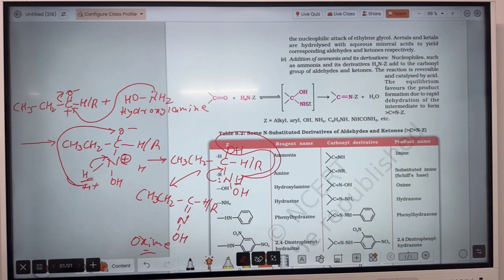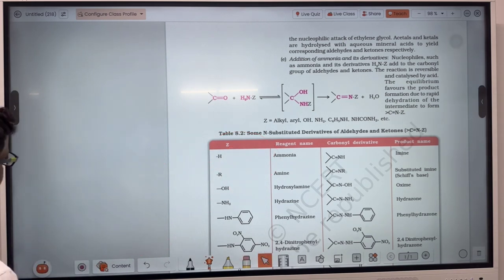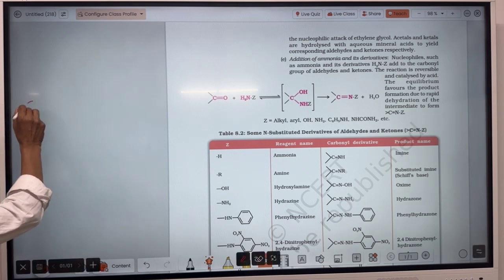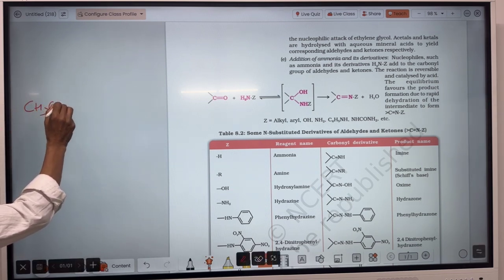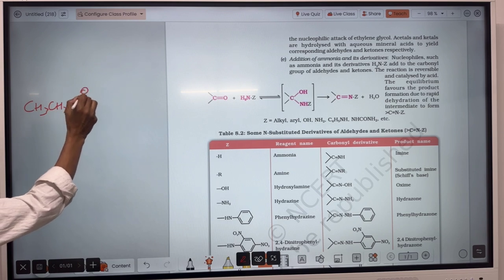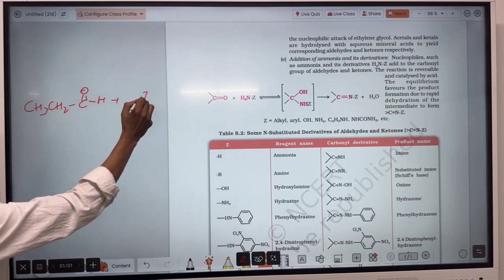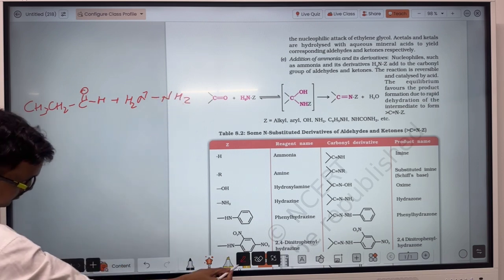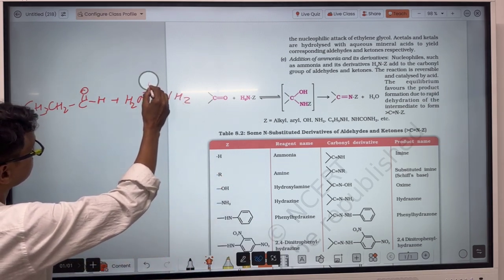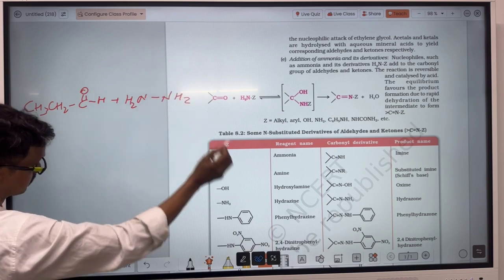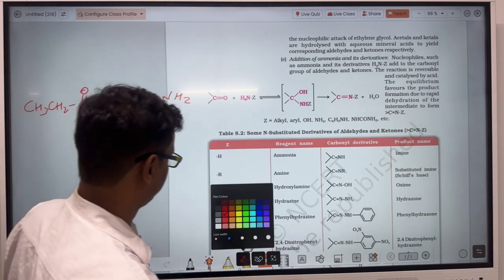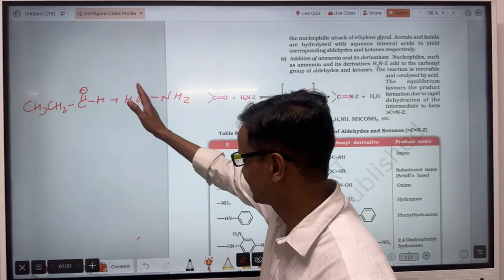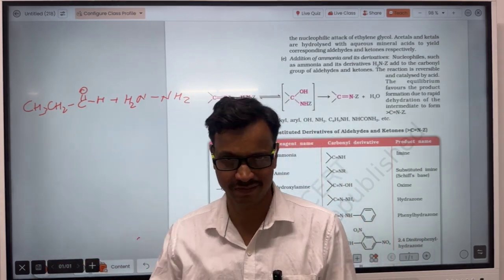Okay. Now let's see the reaction with hydrazine. Guys, what happens? A number of students watch the reactions I am doing here.